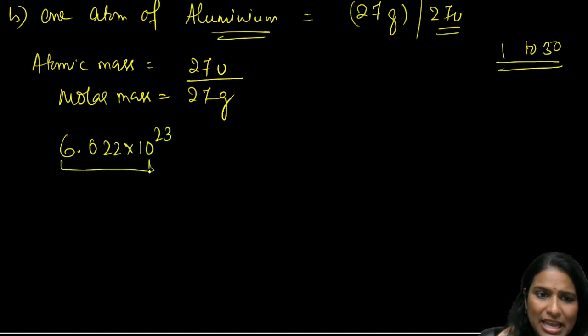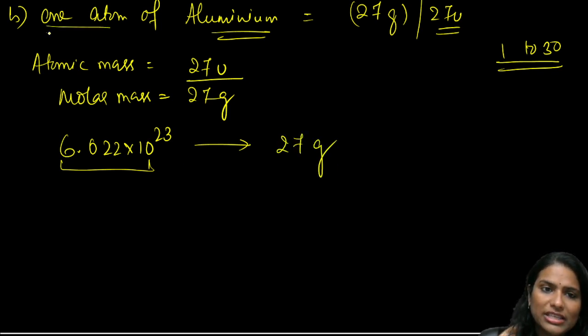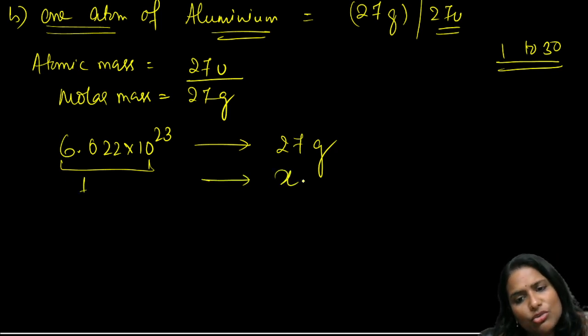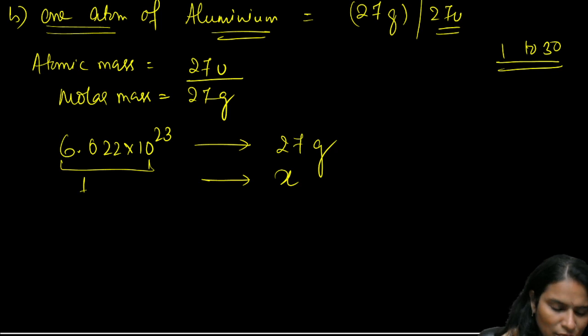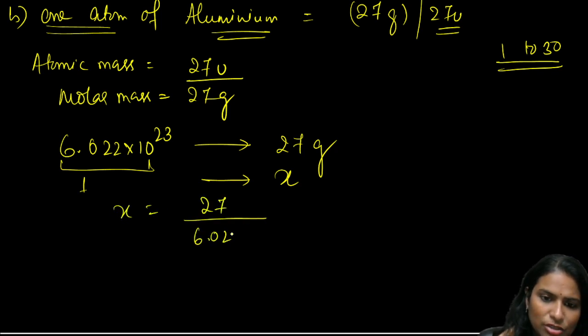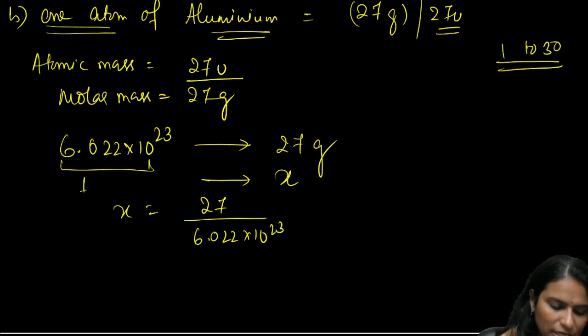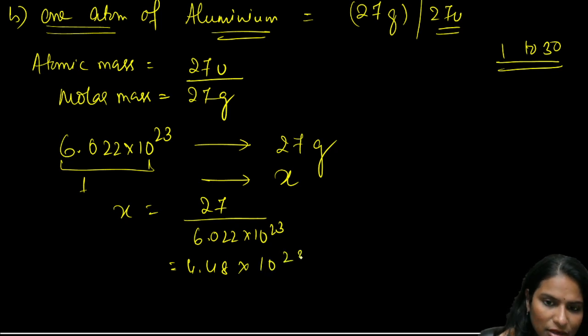So this many atoms weigh 27 grams. And what is asked here? One atom mass. So x equals 27 by 6.022 into 10 to the power 23. Can you see that? So the value comes to be 4.48 into 10 to the power minus 23 grams.